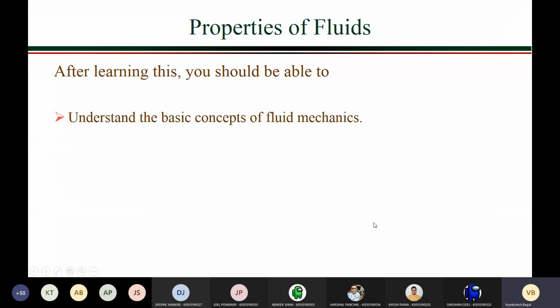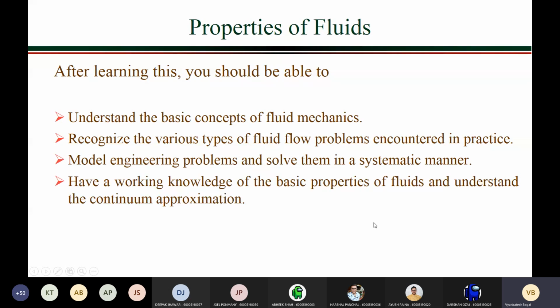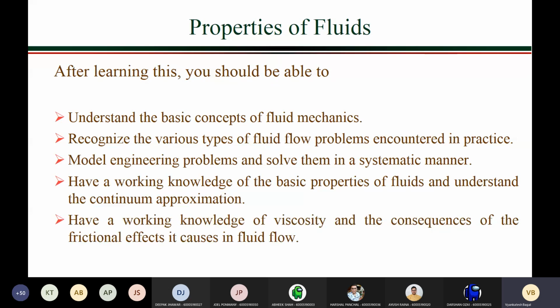Okay. Then the next, students will have the working knowledge of fluid properties. The most important property of fluid amongst all properties we are going to discuss is going to be viscosity. Right?